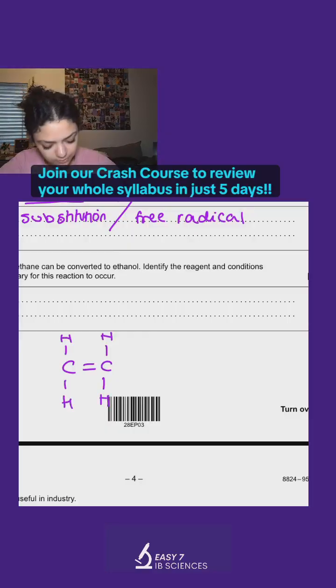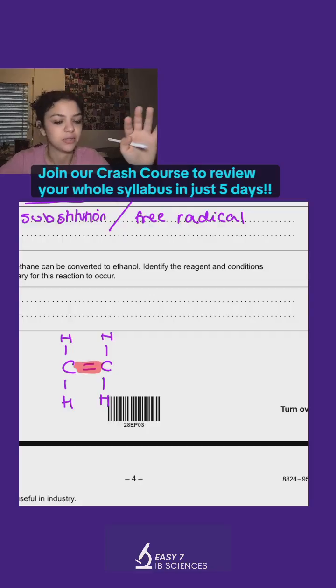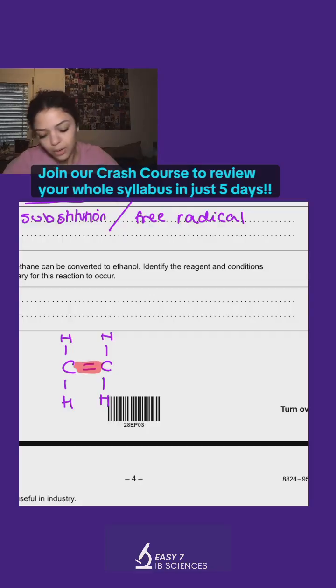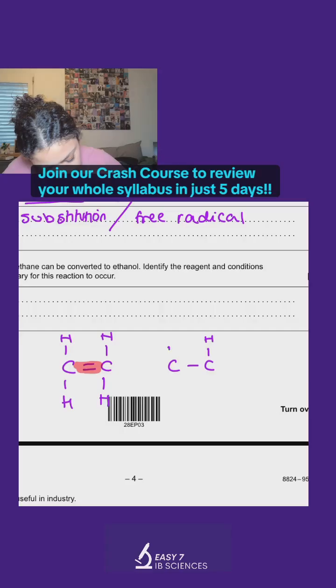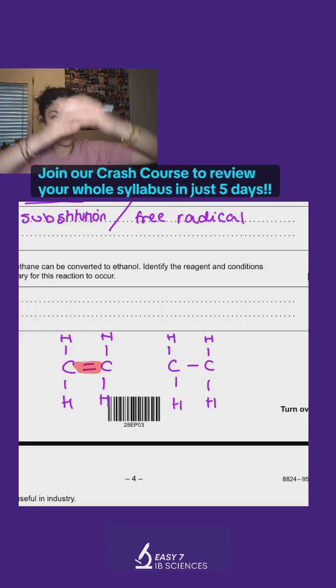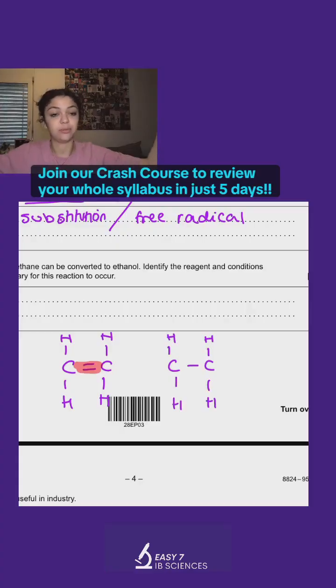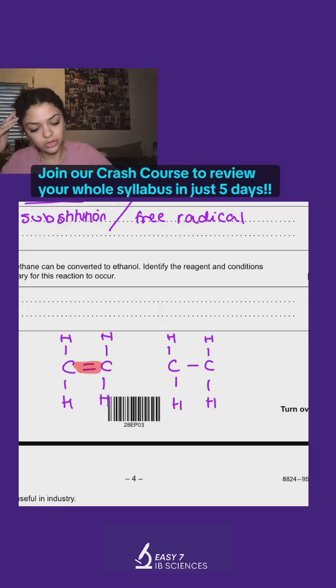Whenever you have a double bond, a triple bond, but you don't really see triple bonds in organic chemistry in the IB syllabus, what ends up happening is that you open up the double bond and you add things. The double bond is so reactive, it wants to release those extra electrons, and you add things.